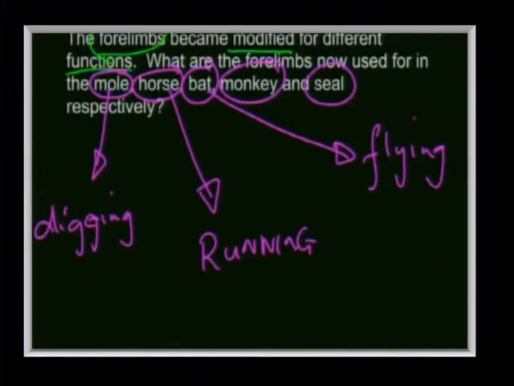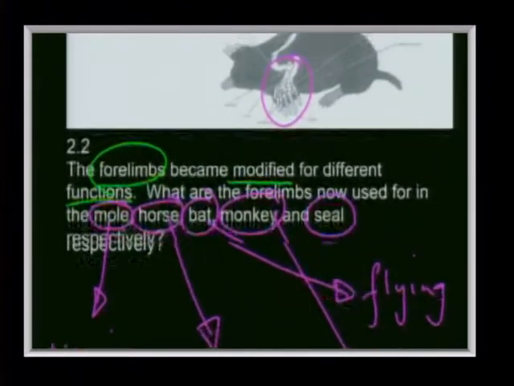Our monkey, that would be manipulation. Manipulation would be the one aspect, and then also climbing trees would be another one. They're very similar to the human structure.